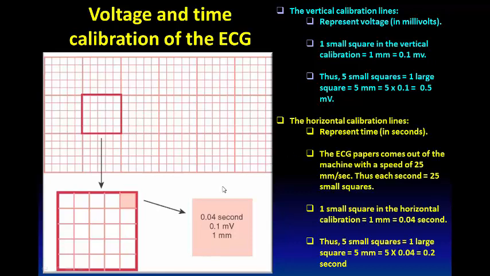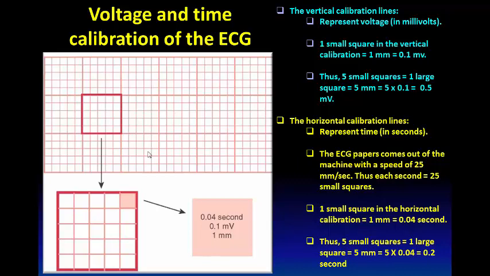The horizontal calibration lines represent the time in seconds. The ECG paper comes out of the ECG machine with a speed of 25 millimeters per second. Thus, each second is equivalent to 25 millimeters, or 25 small squares.